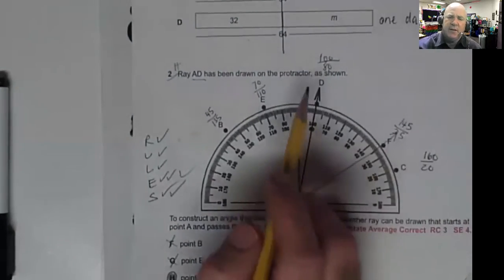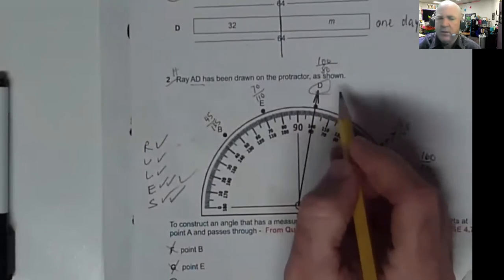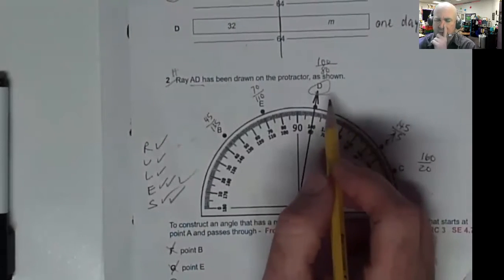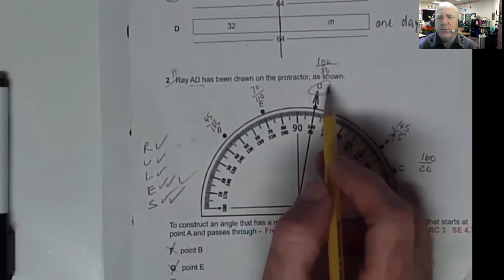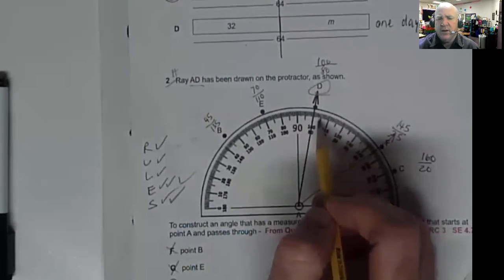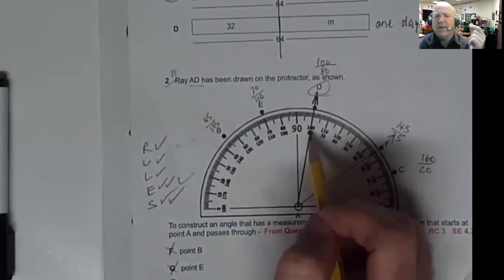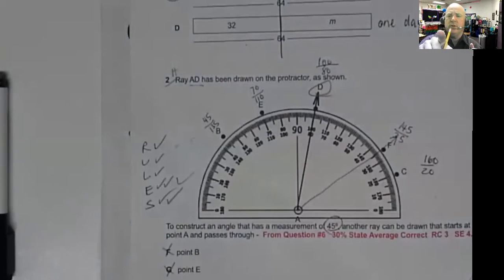And so what I've done is I've marked the one that they're asking about, the one that they have as our starting point. 100 is on the top of the protractor. And if you use the one on the bottom, it's 80. And so the difference, you subtract.